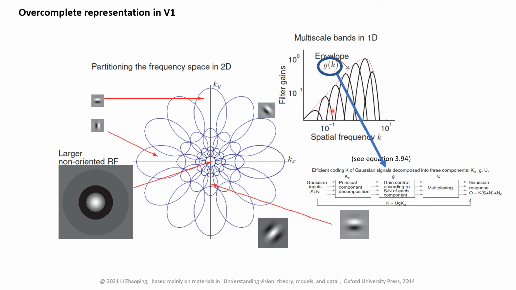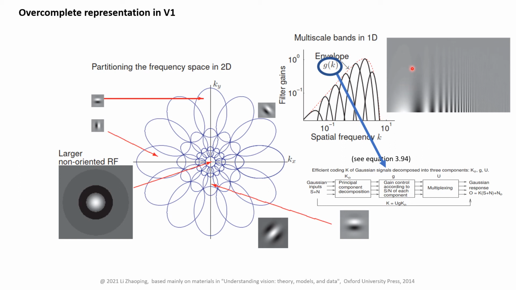Although different filter bands have different gains through this G(k) curve, the overall system should still have a contrast sensitivity function, a contrast sensitivity curve. And this curve can be reflected in visual behavior of the whole animal, and one can measure it by visual psychophysics experiments, such as that in human observers, and this we have visualized ourselves previously.